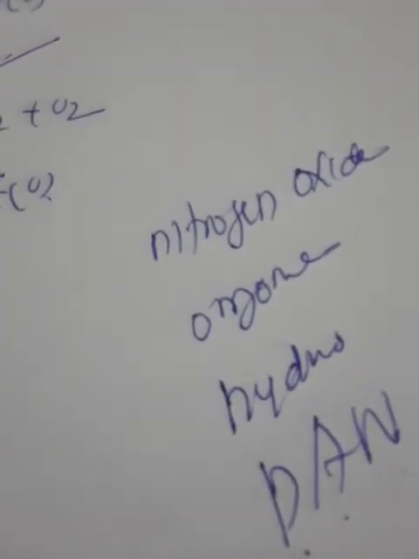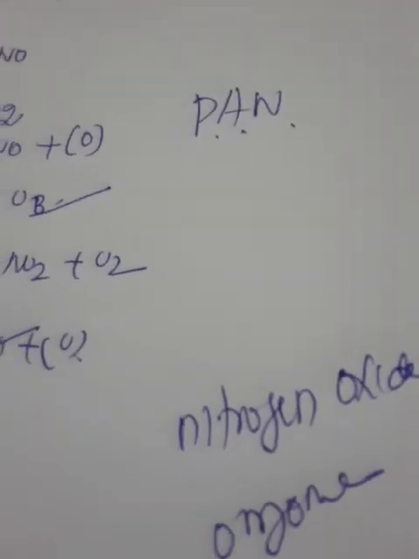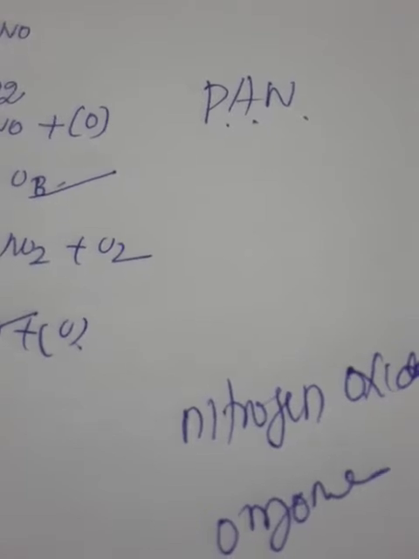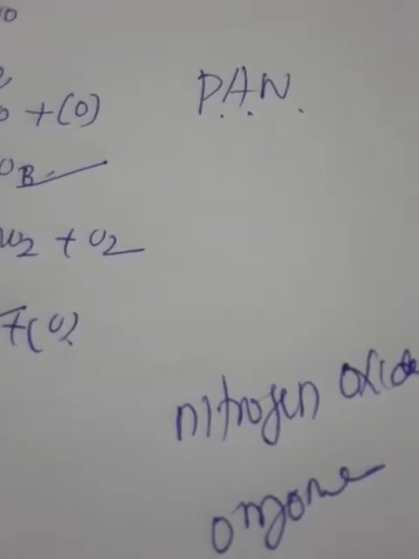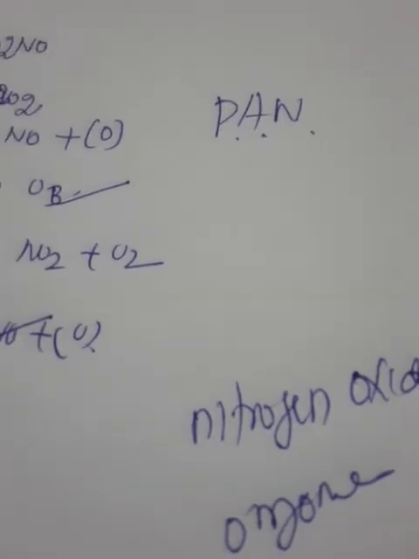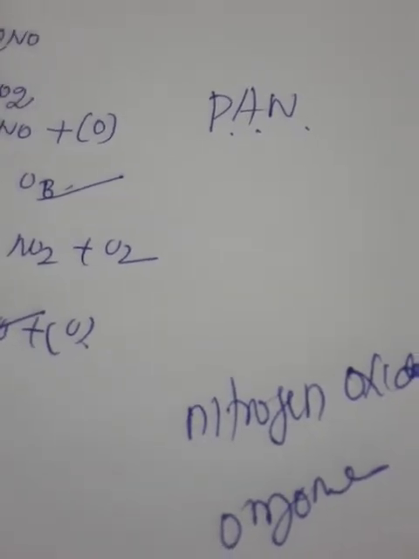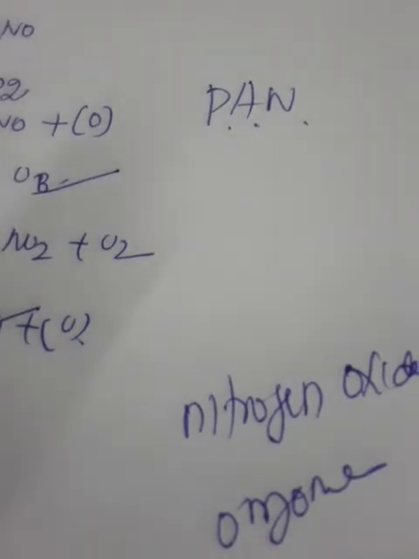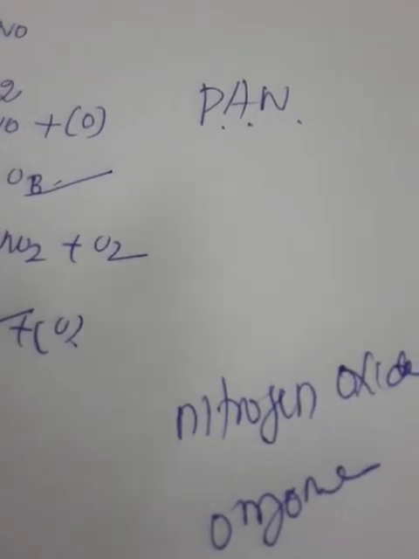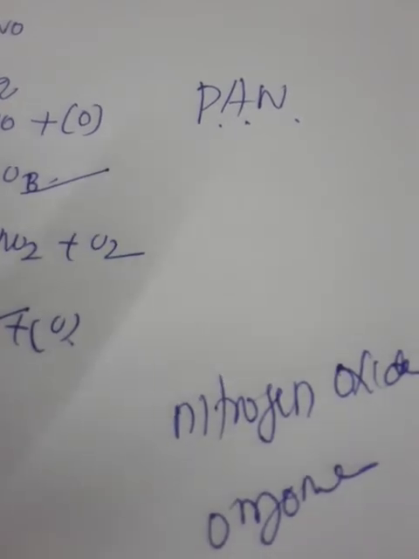The photochemical smog causes irritation to eyes, skin, lungs, and increases the chance of asthma. High concentration of ozone and NO can cause nose and throat irritation, chest pain, uncomfortable breathing, etc.